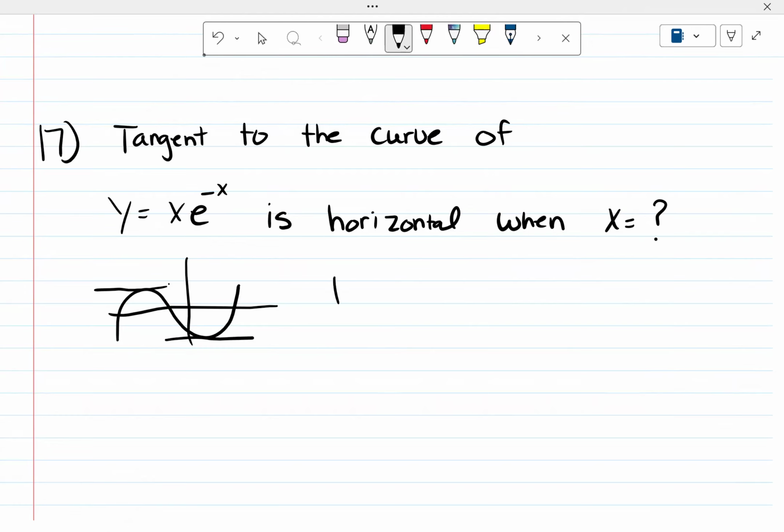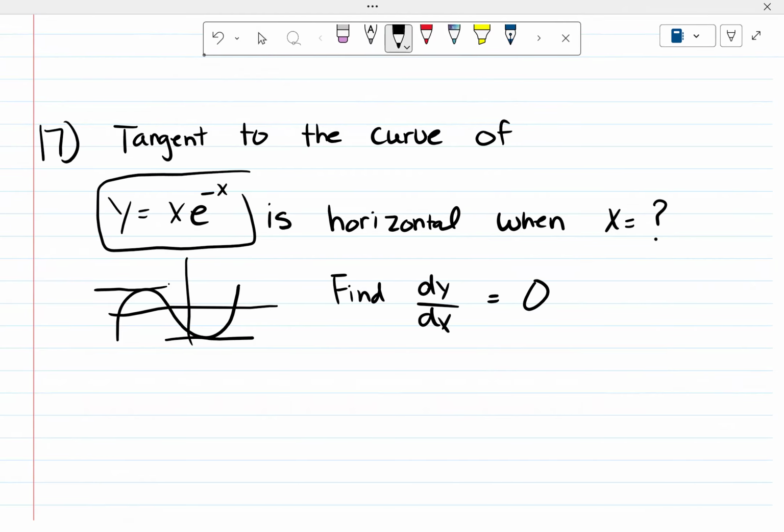So what they're really trying to say is find dy/dx, find the slope when it's 0. So what we're going to do is find dy/dx, then set that equal to 0, and then solve for x, right? So the derivative of y with respect to x is dy/dx. The derivative of x e to the negative x is unfortunately the product rule.